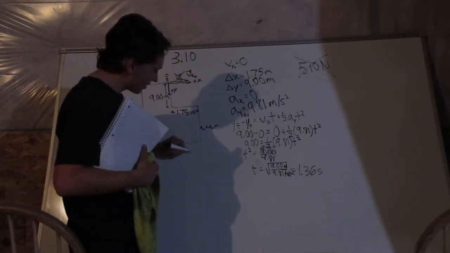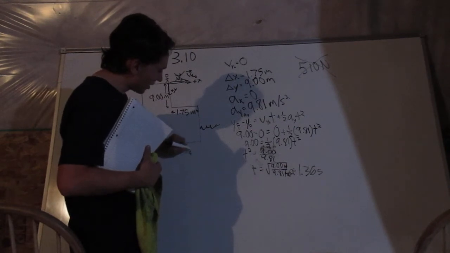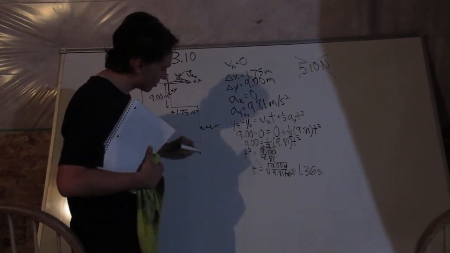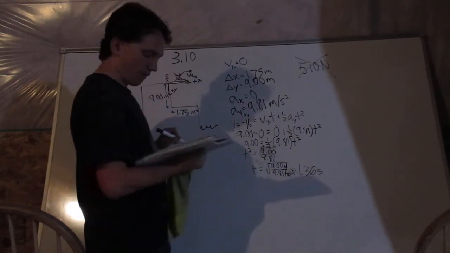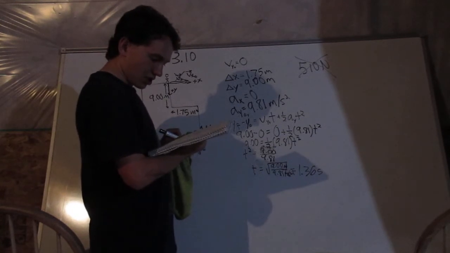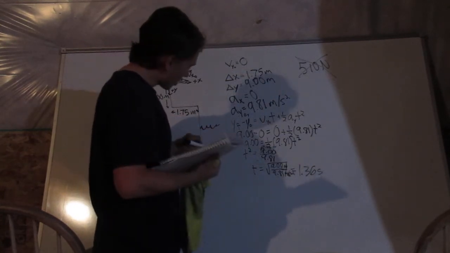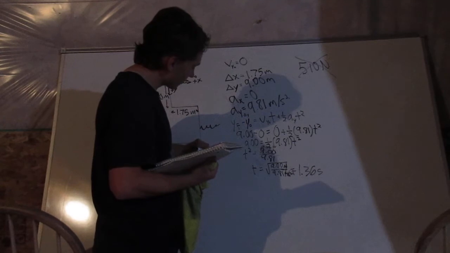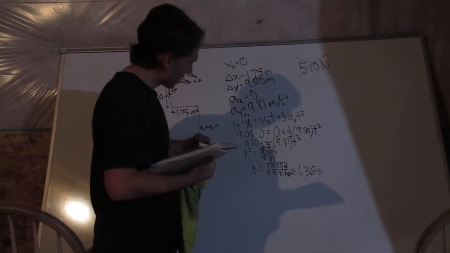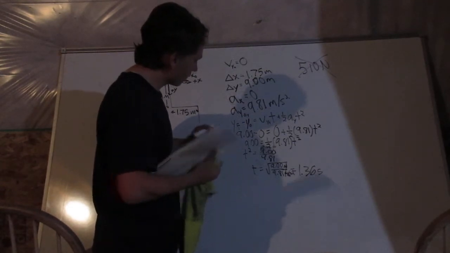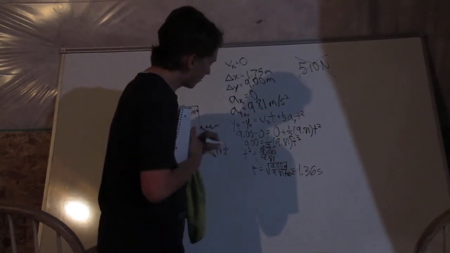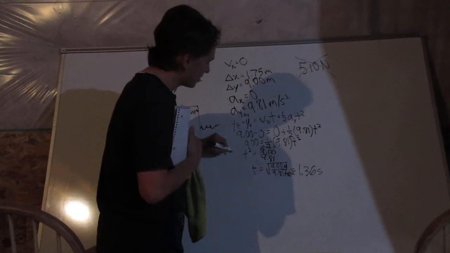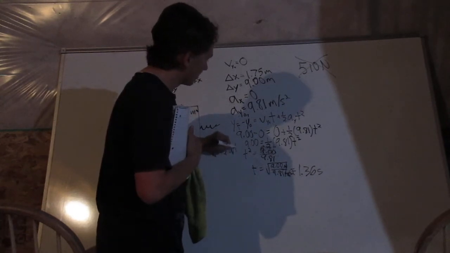So what we have is our x final minus x initial, and this is going to be the same thing as delta x, equals our initial x velocity times time plus 1/2 our acceleration in the x direction times time squared.